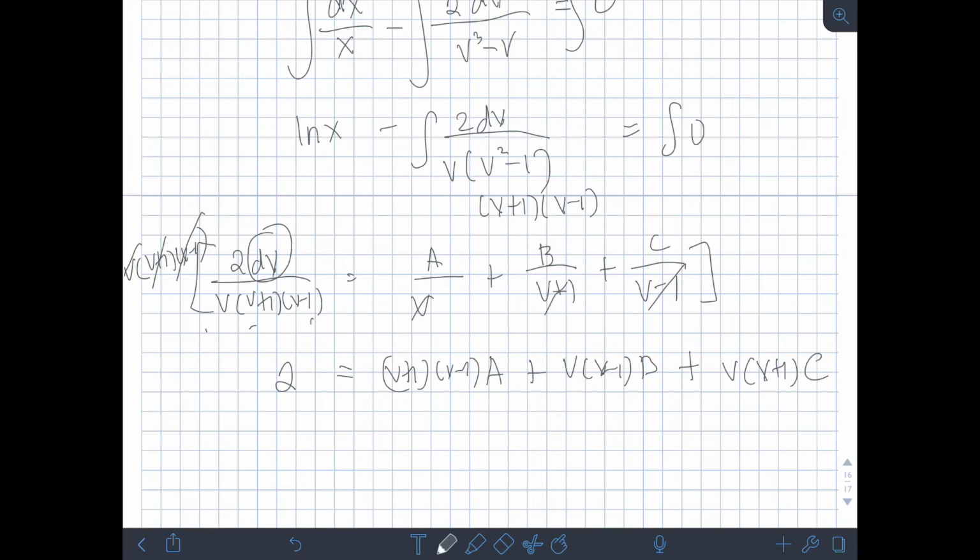Okay? So, pwede tayong mag-equating coefficient, pero mas madali kung mag-represent tayo ng value sa v.